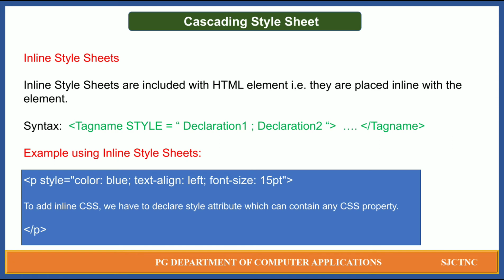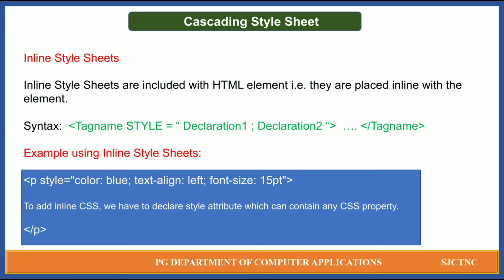First one, inline style sheet. Inline style sheets are included with the HTML elements, that is they are placed in line with the elements. For example, within a tag itself we are mentioning the style of that particular tag. So it is called an inline style sheet.